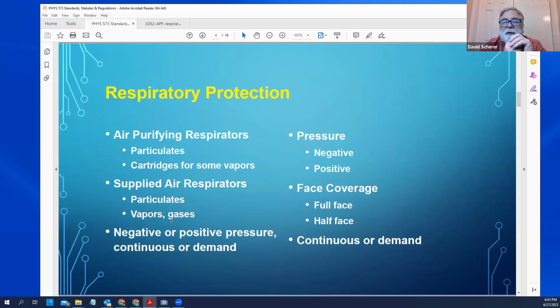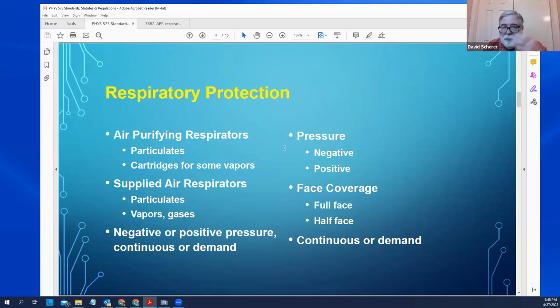For supplied air, there can be either continuous or demand. Either the air is supplied all the time, a continuous air supply respirator, or only on demand, only when you inhale, then air is provided.